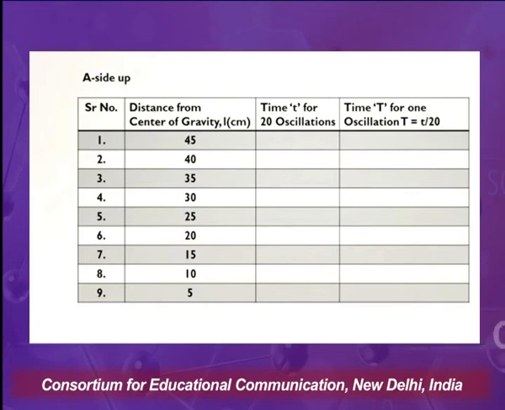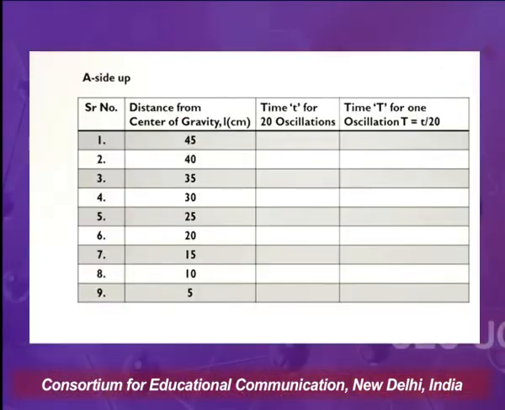The first column is the distance from the center of gravity, denoted here by L, in centimeters. The second column is the time t for 20 oscillations. For the first hole, the distance from the center of gravity is 45 centimeters. For 20 oscillations, just note down the time. Similarly for 40 centimeters, then 35, 30, 25, 20, 15, 10 and 5. You have to note down the time for 20 oscillations.